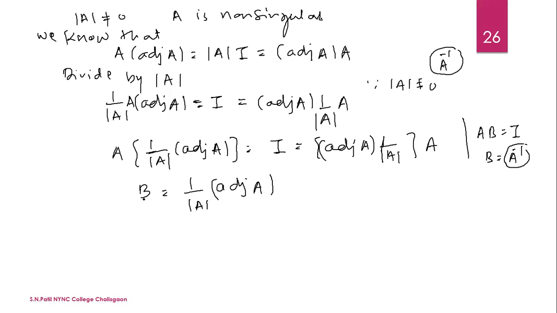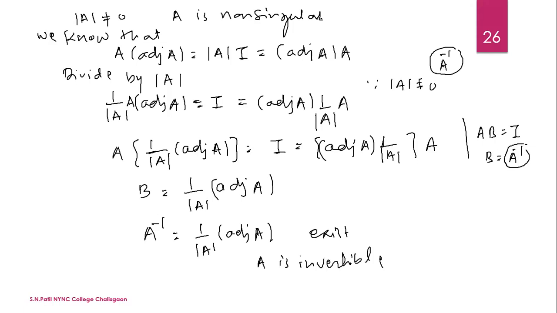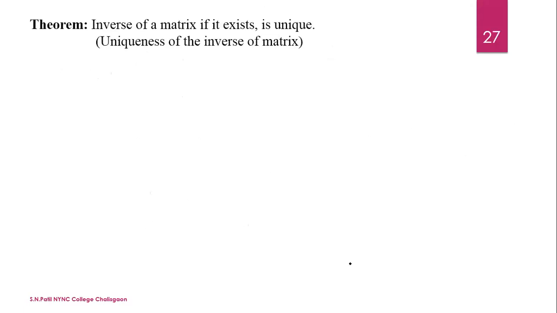And B is nothing but A inverse, that is 1 upon determinant adjoint of A. So A inverse exists, that is A is invertible. Now next is uniqueness of the inverse of matrix. If the inverse exists, then it is unique. So let us prove.